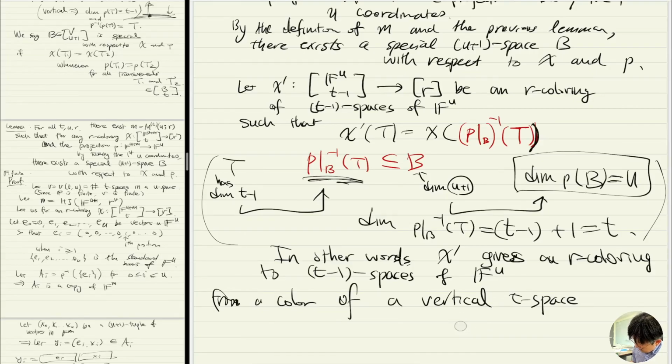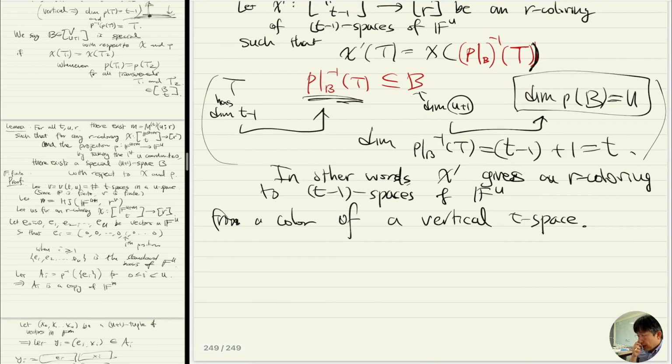When you have a vertical T space, after the projection it becomes a T minus 1 space. So that's the coloring. Remember the proof for hypergraph Ramsey? We also had a step that reduces this problem to a smaller instance where the edges of the hypergraph have a smaller cardinality. So this is a similar situation.